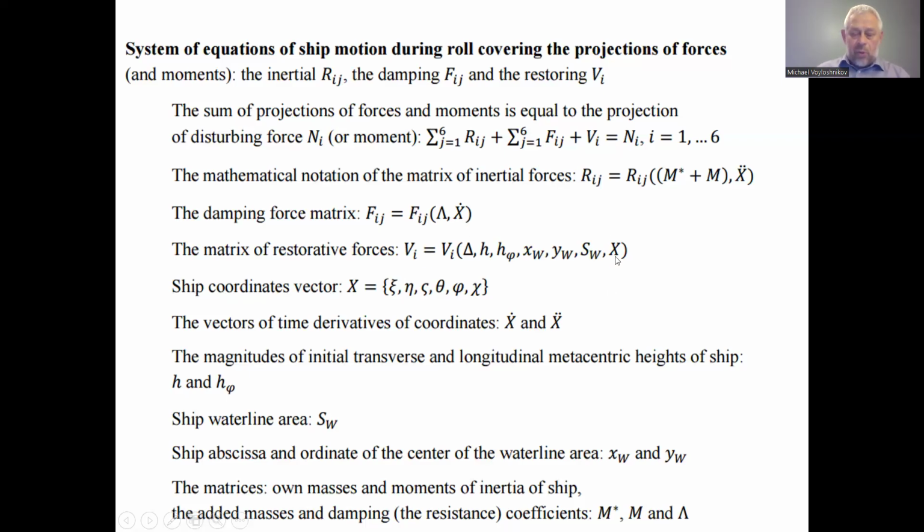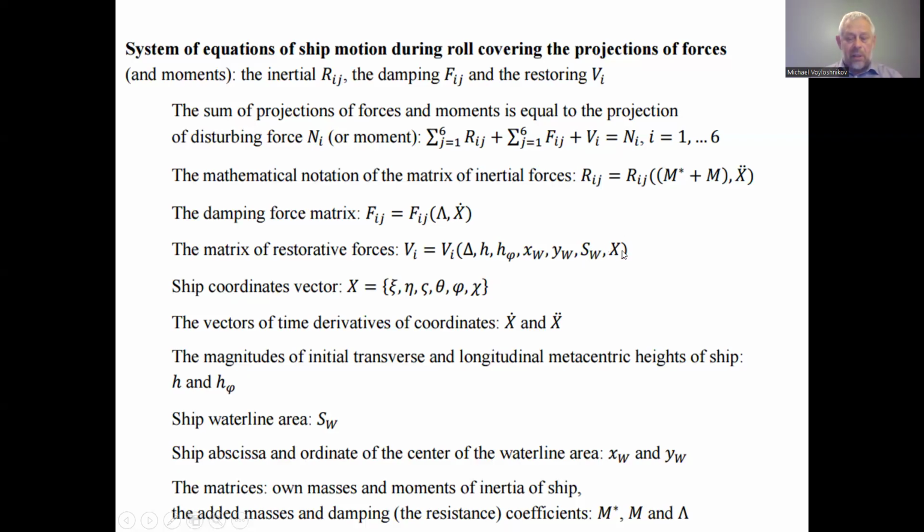The restoring forces usually correspond to the displacement itself. It could be the translational displacement, for example, vertical displacement translational along the applicate axis, and it could be the angular displacement along the abscissa axis.